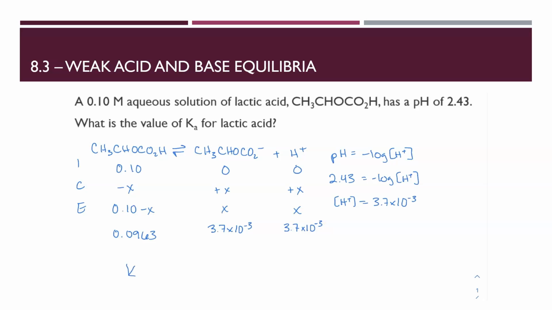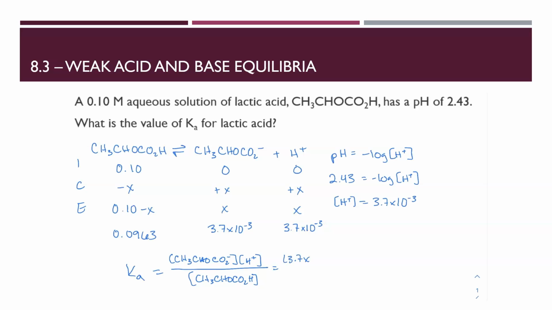So it's asking us for the Ka value, so we're going to go ahead and write our equilibrium expression. So we have our products divided by our reactants. And then we just have to plug the values in.